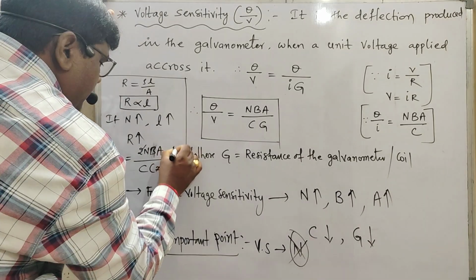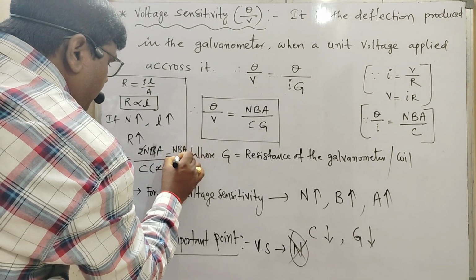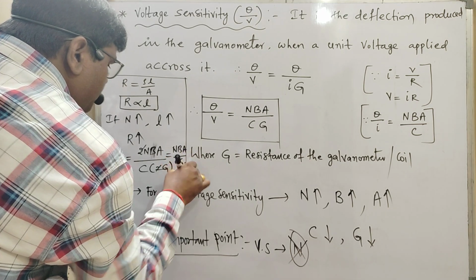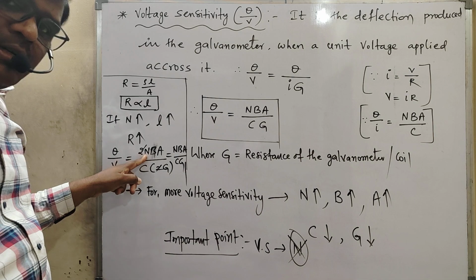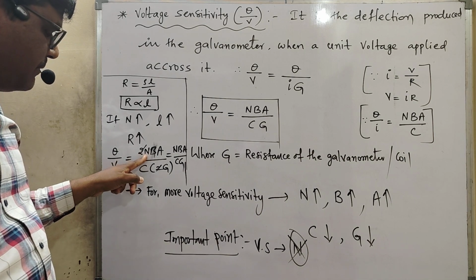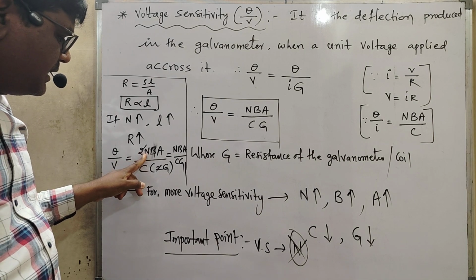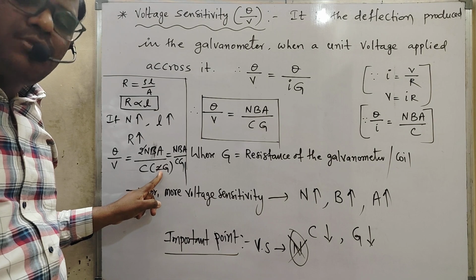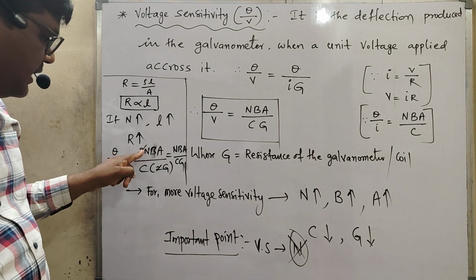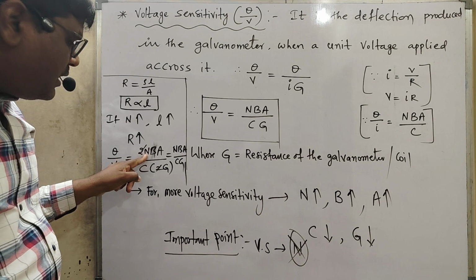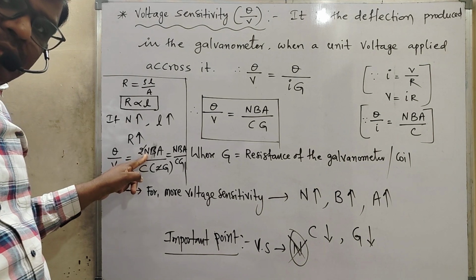We will get NBA by C into G. Nothing but if you are increasing the number of turns in the coil, simultaneously the resistance of the coil is also increasing. Then it is independent of the number of turns.